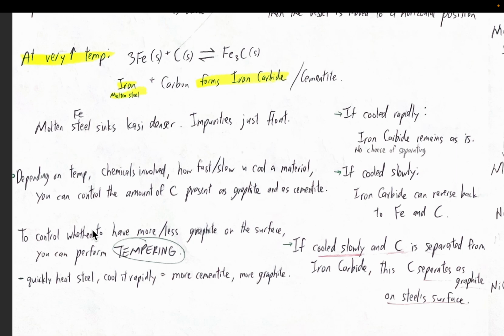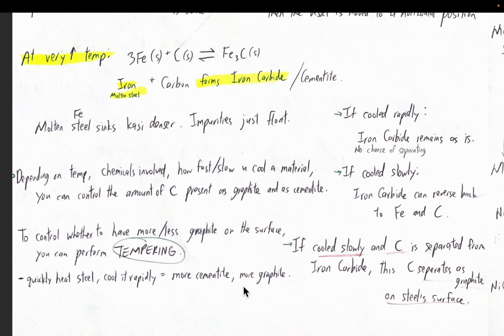To control whether you have more or less graphite on the surface of the material, you can perform what is called tempering. Essentially, if you quickly heat steel and you cool it rapidly, this produces more cementite and more graphite.